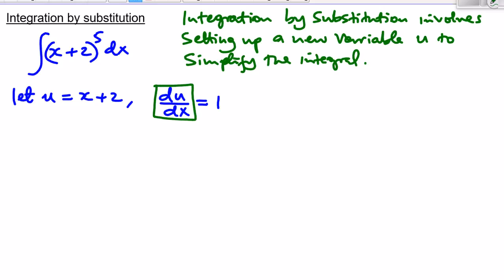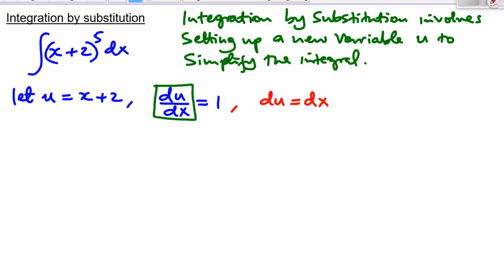So if you think of this as a division, we'll end up with du equals dx. And the reason is we want to substitute what we have into our original integral to end up with something that you can work with.